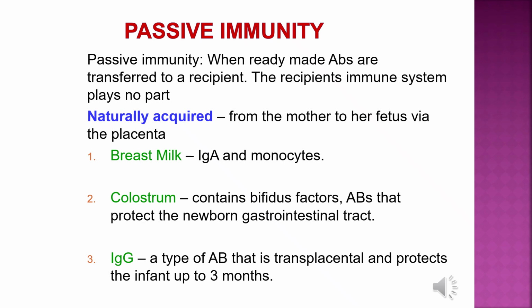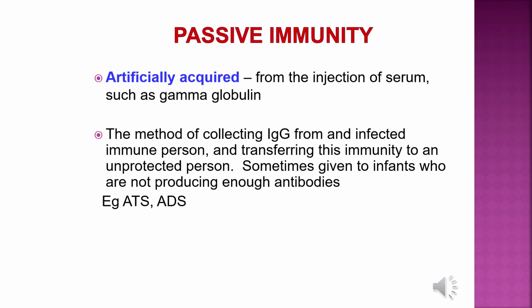Then IgG is a type of antibody that is transplacental and protects the infant up to 3 months. Then artificially acquired is from the injection of serum such as gamma globulin. It is the method of collecting IgG from an infected immune person and transferring this immunity to an unprotected person, sometimes given to infants who are not producing enough antibodies. Examples: ATS and ADS, that is, anti-tetanus serum or anti-diphtheric serum.